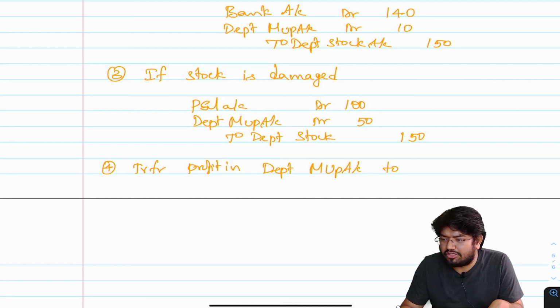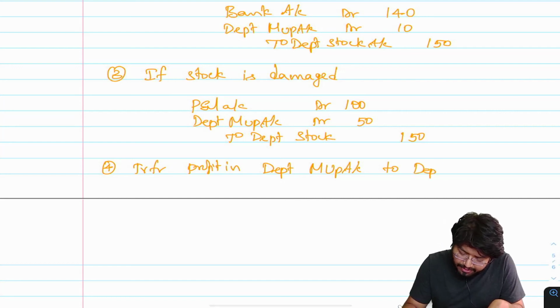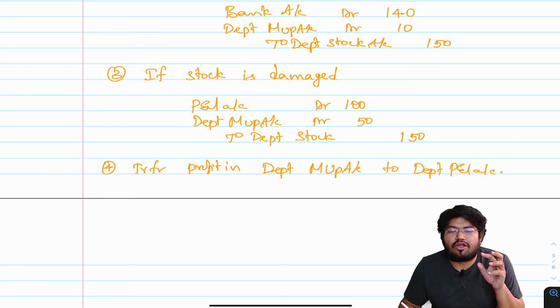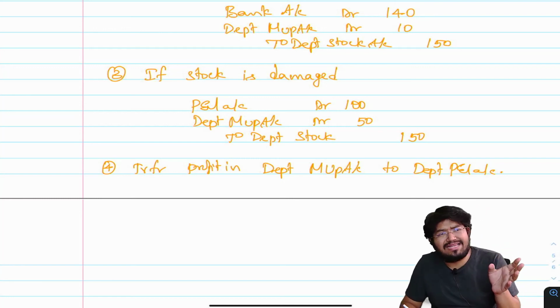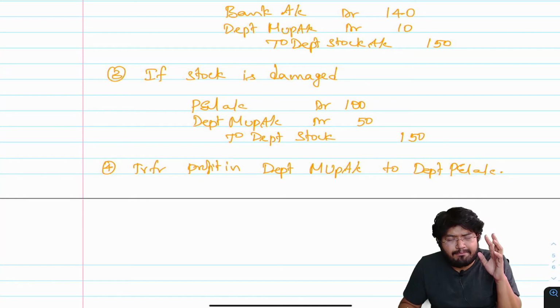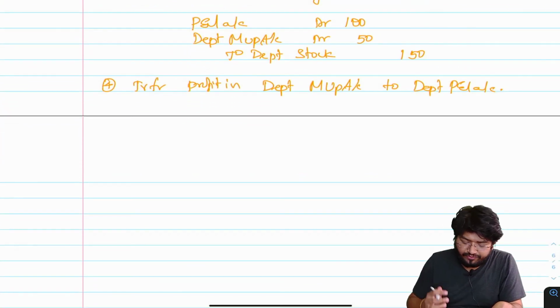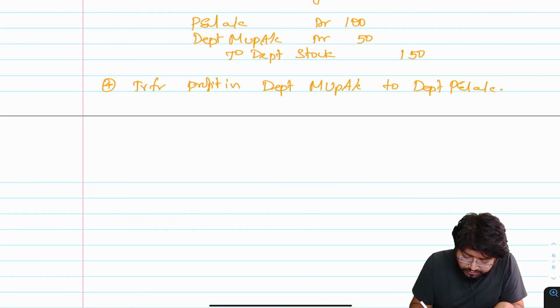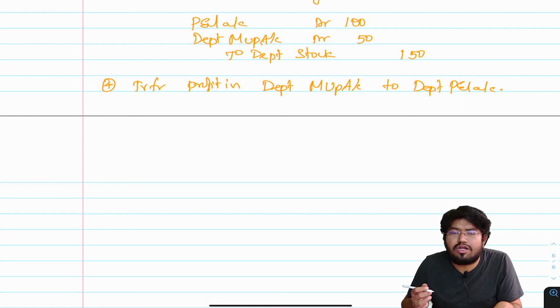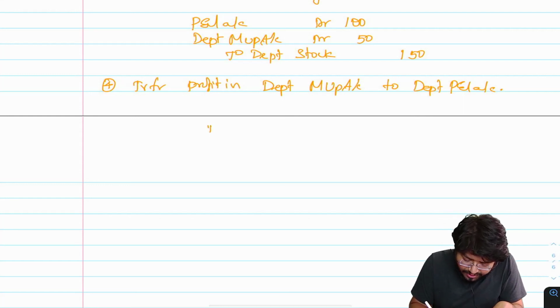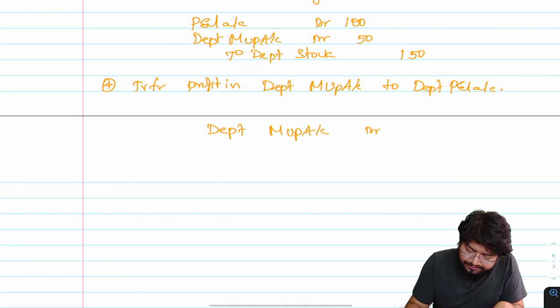So you will send it across to the department P&L account, where you will consider all other expenses incurred for the department, and that will be transferred to the company's P&L account. So from your department markup account you are transferring to department P&L: department markup account debit to department P&L account.